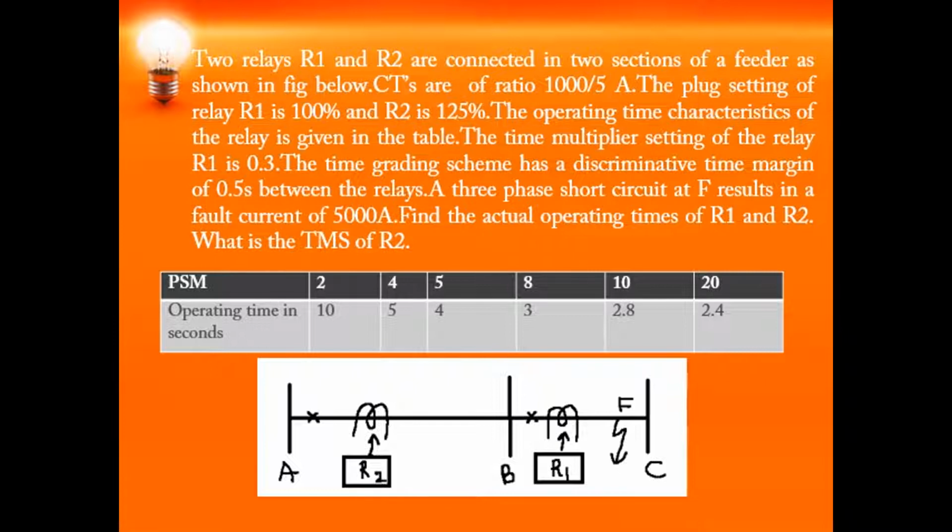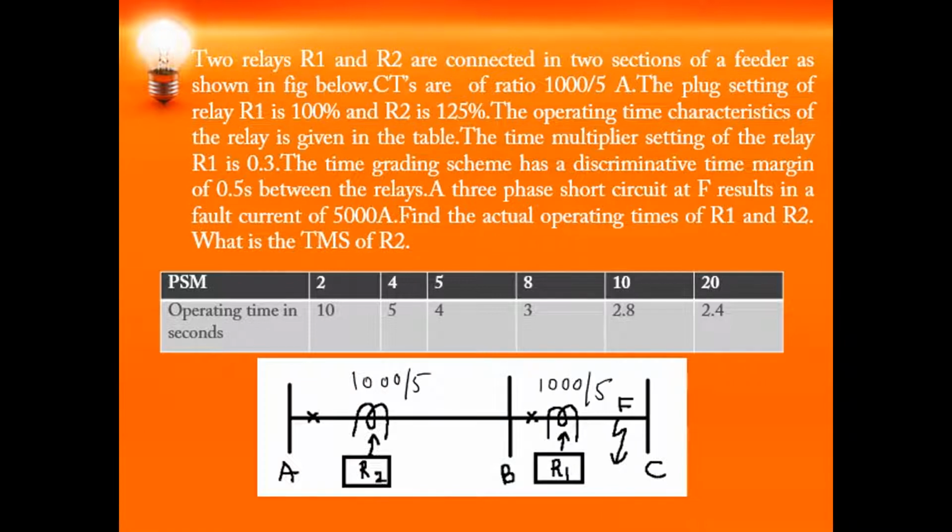So first R1 is going to operate, then with an additional time of 0.5, that is the discriminative margin, R2 is going to operate. Then we have to find the TMS of R2. So here these are two CTs with the ratio 1000 by 5.